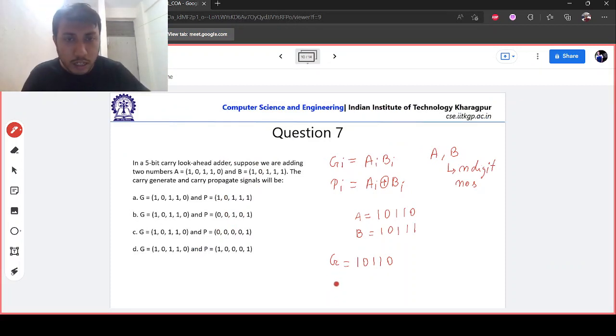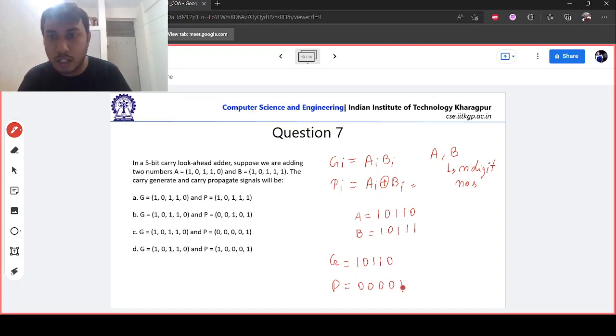Now for generating the propagate signal, what we need to do? We need to XOR each of the digits. So what will it be? 1 XOR 1 is 0, 0 XOR 0 is 0, 1 XOR 1 is 0, 1 XOR 1 is 0, and 0 XOR 1 is 1.